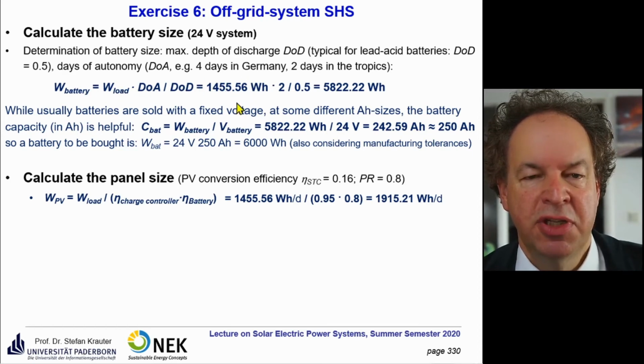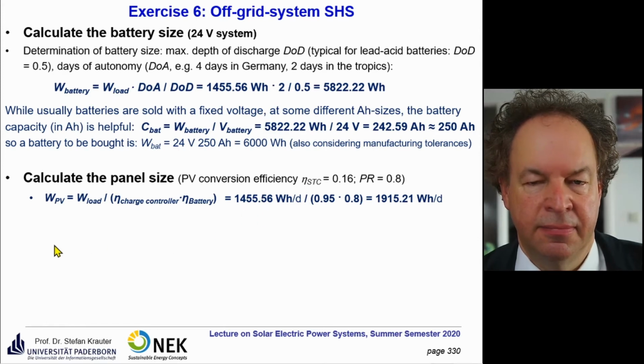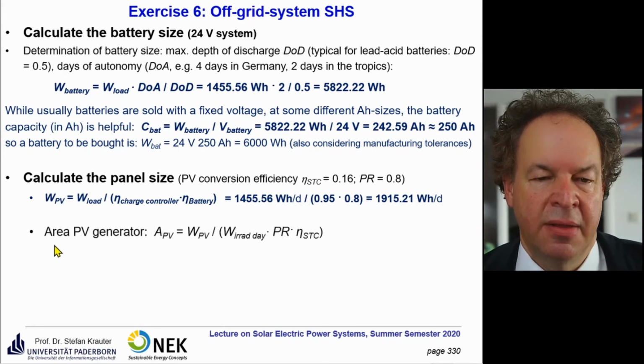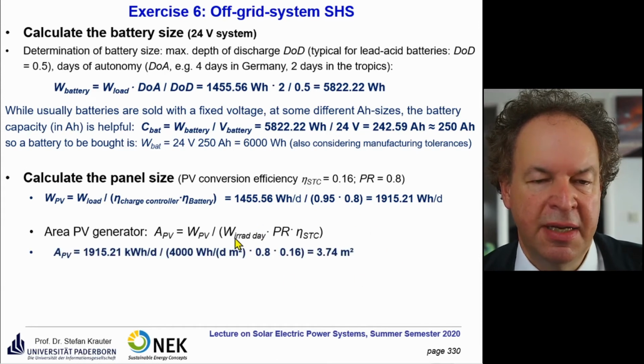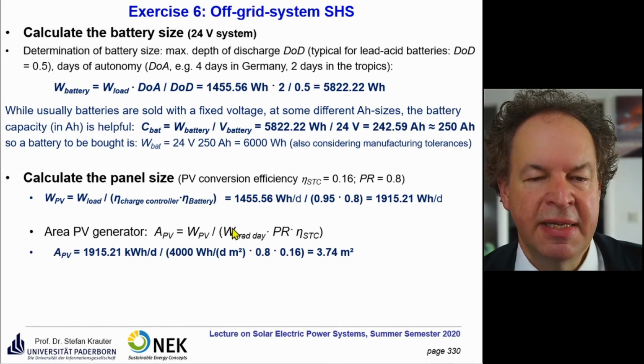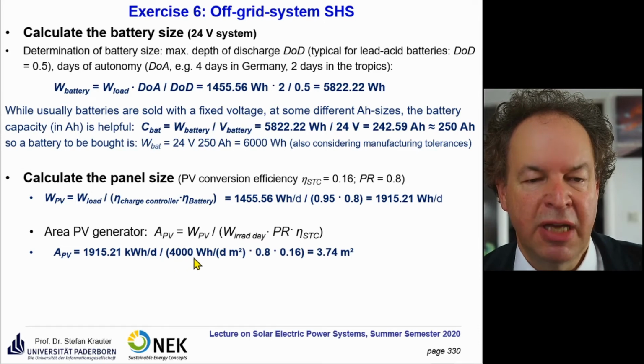So for the area of the PV generator, we use a formula, so you put that in. The energy to be supplied is 1.915 kilowatt hours per day. Then we have the irradiance for the worst month of the year, and the daily irradiance is 4 kilowatt hours, 4,000 watt hours, times the performance ratio times the efficiency under standard test conditions.